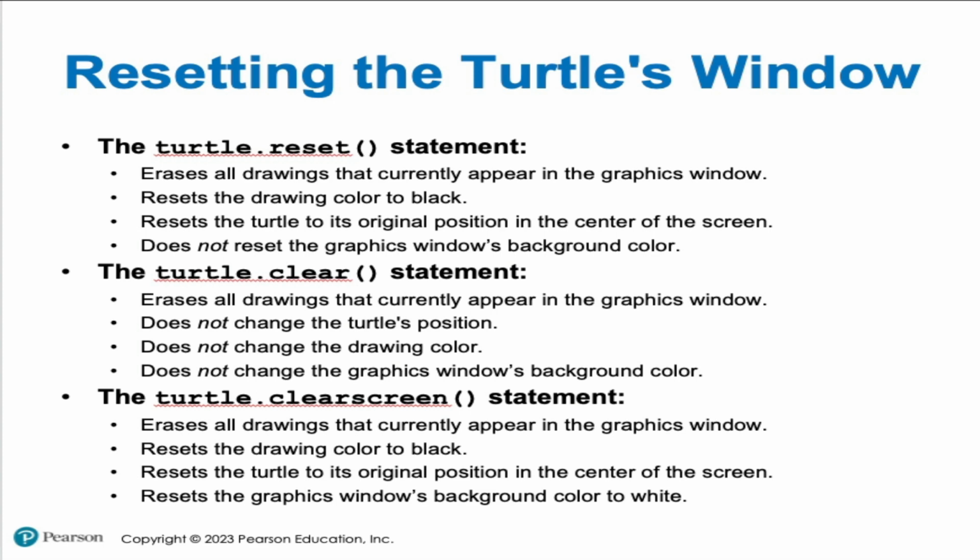And turtle.clearscreen will erase everything in the current graphics window, reset the drawing color, reset the position of the turtle, and reset the background color to white. So clearscreen basically takes you back to where you normally start out with the Turtle graphics window.